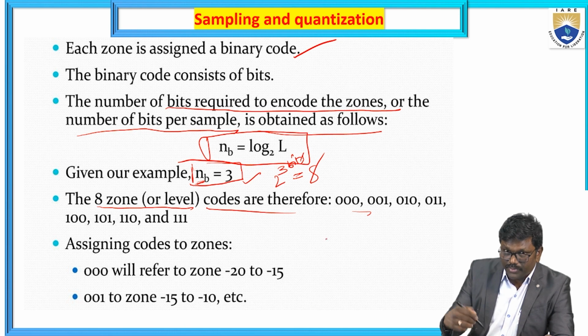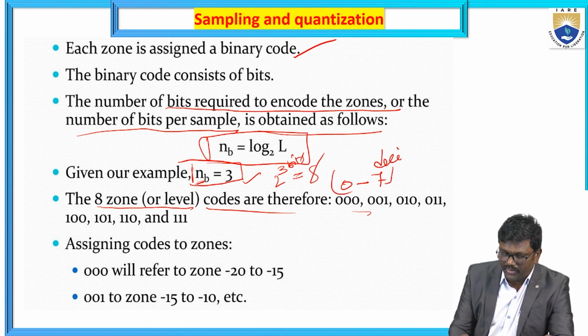Therefore, the amplitude values of the signal will change depending on the 3-bit code only. With 3 bits, the combinations number 8, that is from 0 to 7. This is the decimal value, and this is the binary value.